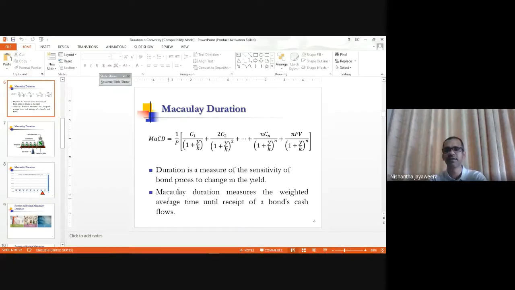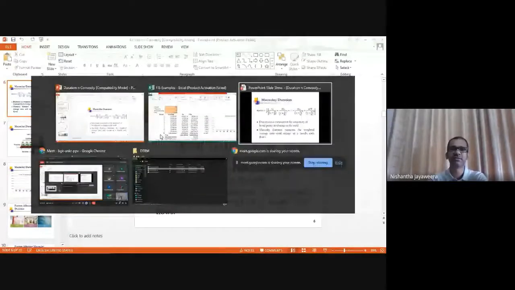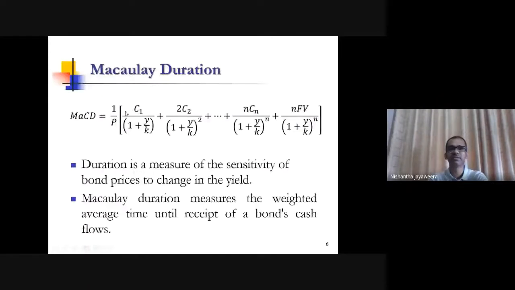When we say weighted average time, we have to weight time by something else. The weight is the present value of the cash flow. So in this one, there's a one here. One is the timing. This present value part is the weight. You get the weight because this present value divided by price, that's the weight.